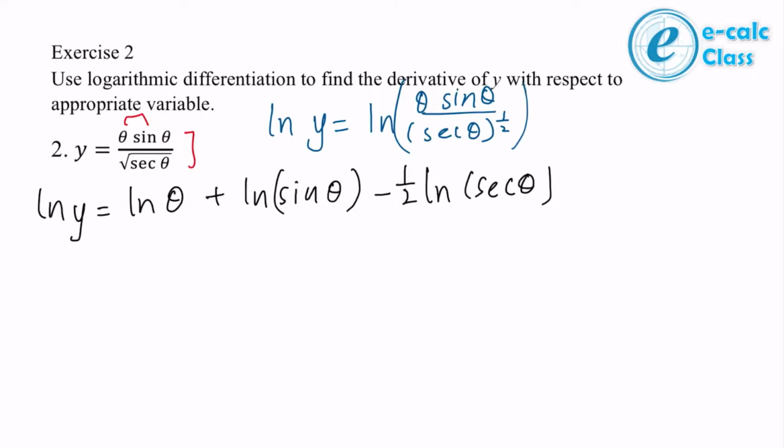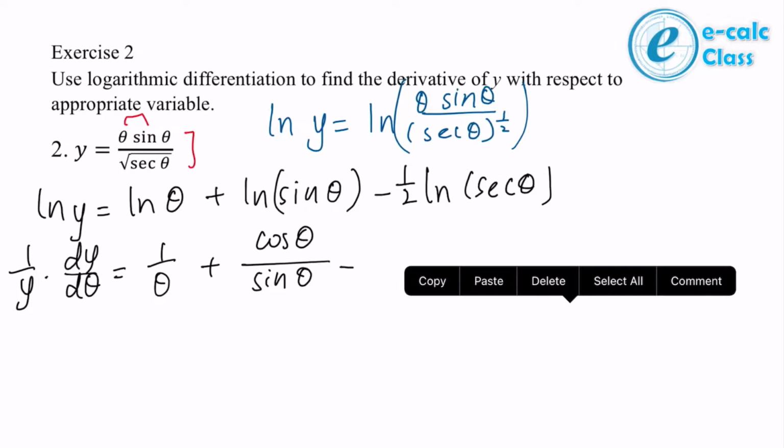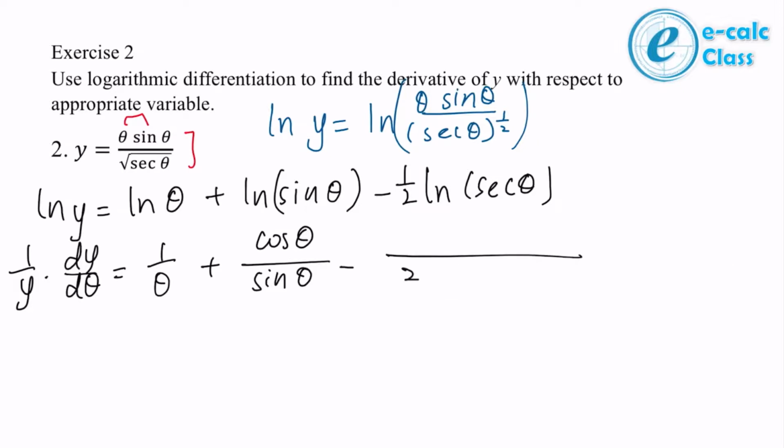I'm actually doing this one. Then I split this into 3 terms, so that it's easier for me to differentiate. See, 1 over y, variable disagree, 1 over theta, variable agrees, plus 1 over whatever inside, differentiate inside, variable agrees, constant multiple, 1 over whatever inside, differentiate inside, tangent theta.